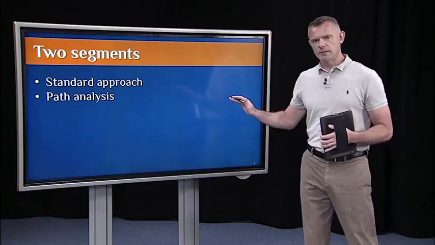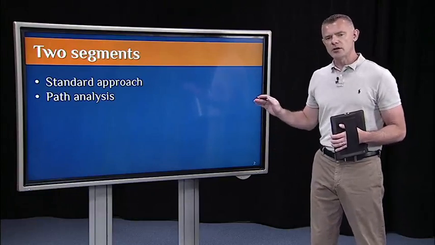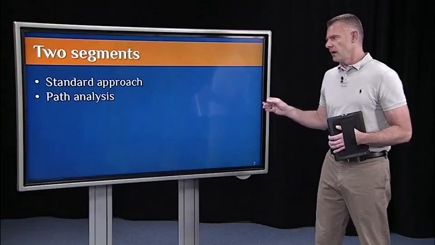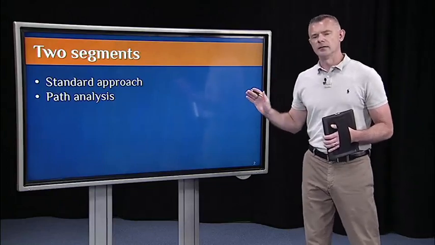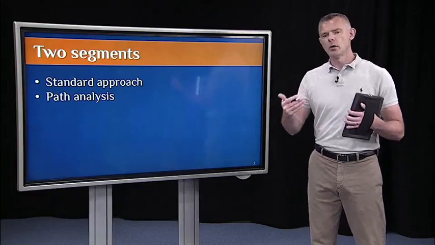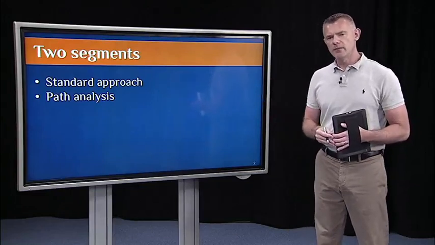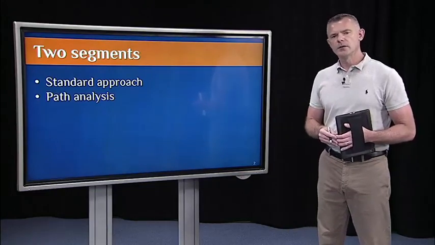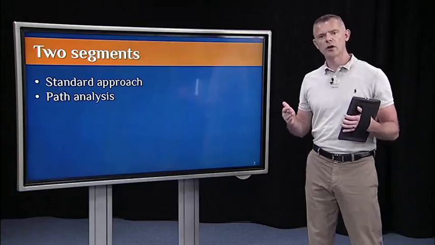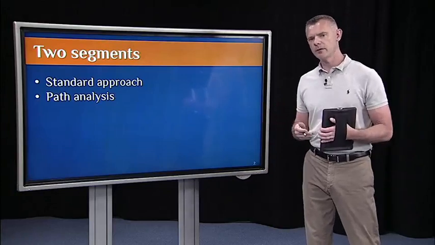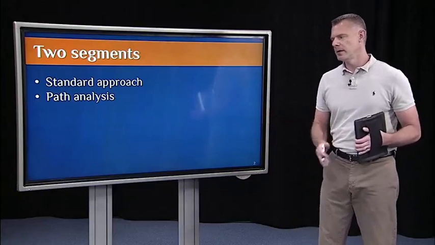But in the second segment, I'll show you how a mediation analysis could be conducted as what's called a path analysis, which is a sort of different approach to the data, and it falls under a different mathematical framework called structural equation modeling, rather than the general linear model.